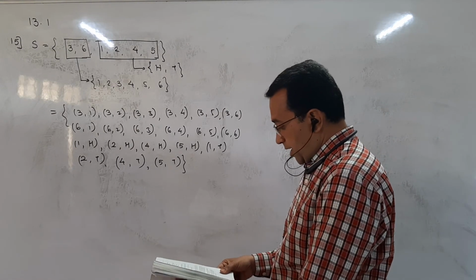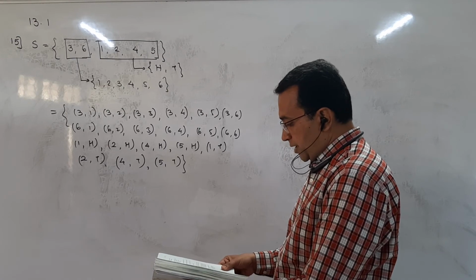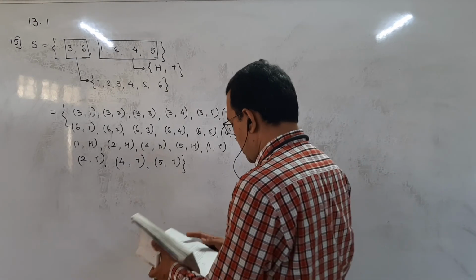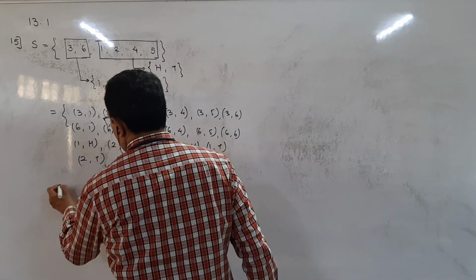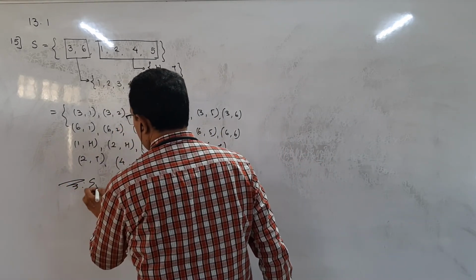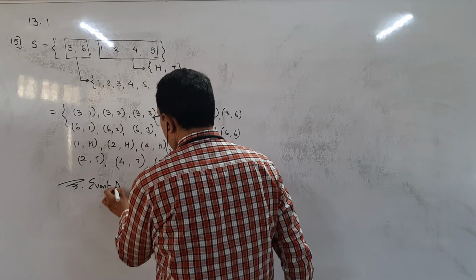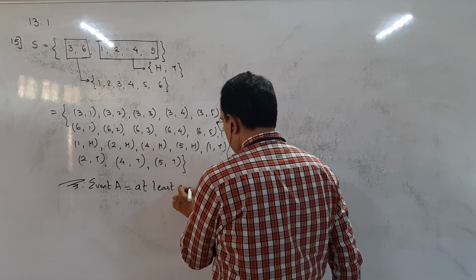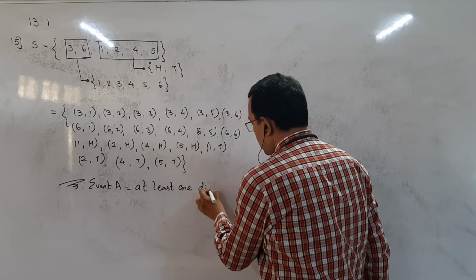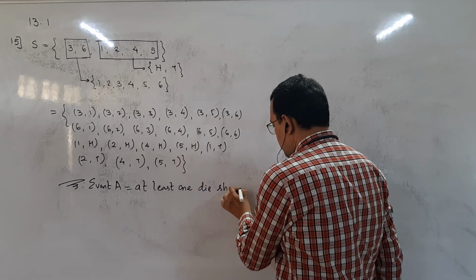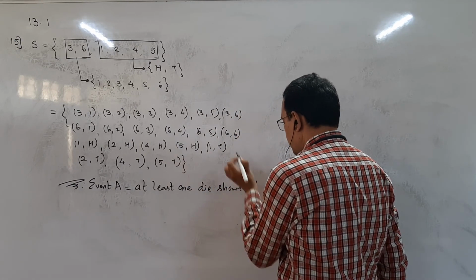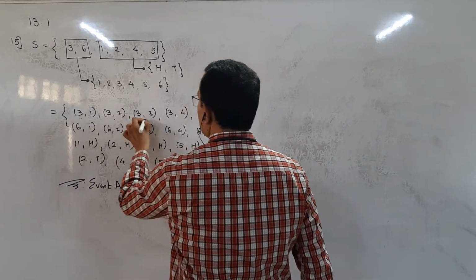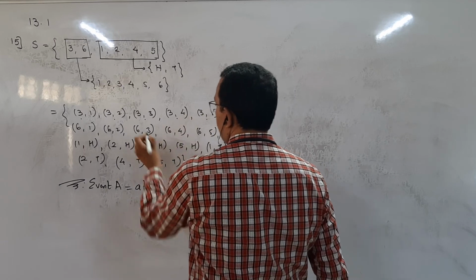Be careful. Find the conditional probability of the event: the coin shows a tail, given that at least one die shows a 3. I highlight given event A: at least one die shows 3. So mark all the elements with 3. 1, 2, 3, 4, 5, 6, 7.